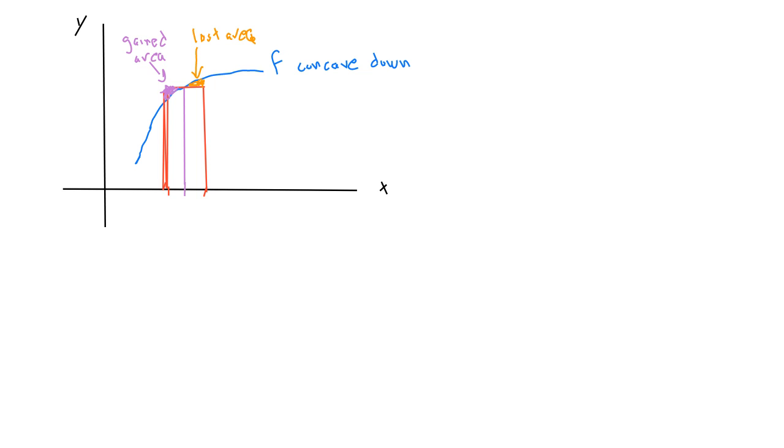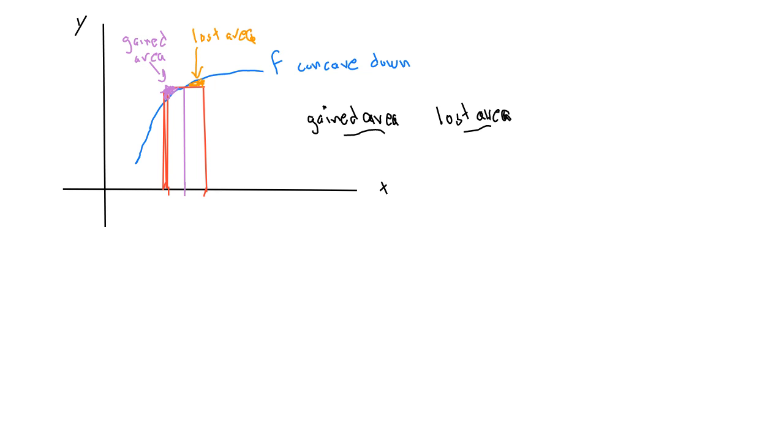In this case, for a concave down function, how does the gained area compare to the lost area? Is the gained area greater than the lost area? Or is the gained area less than the lost area? It's more.